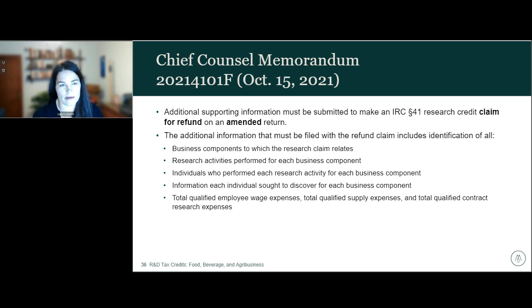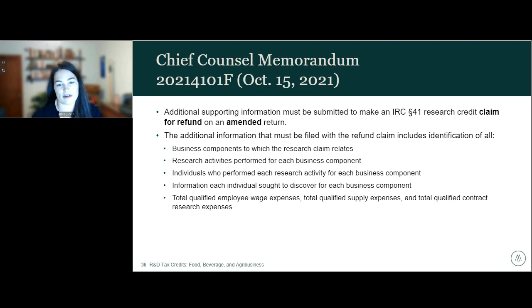For taxpayers who are claiming larger R&D credits, this is sort of information that hopefully you would already be assembling as part of an R&D credit analysis. And therefore you would already have that on hand, so this requirement may not be as onerous.